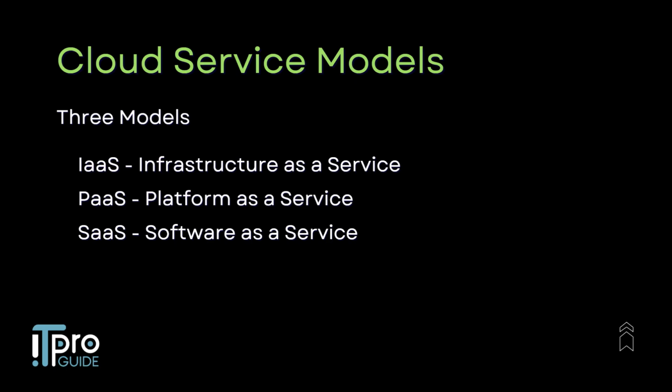Now let's talk about the cloud service models. There are different types of cloud services. We can say the cloud service models are differentiated based upon the responsibility that you and the service provider share.